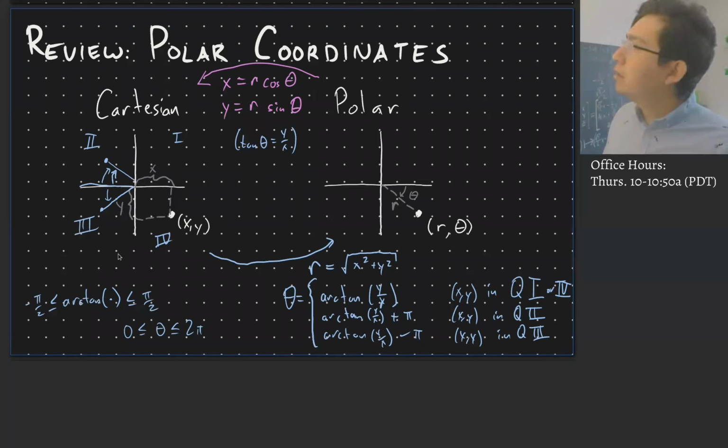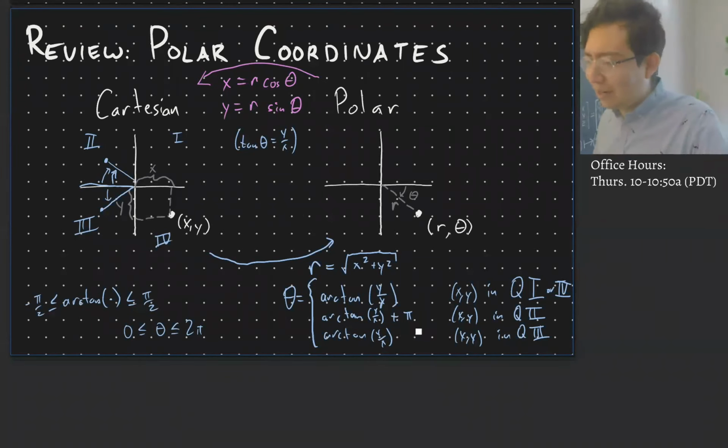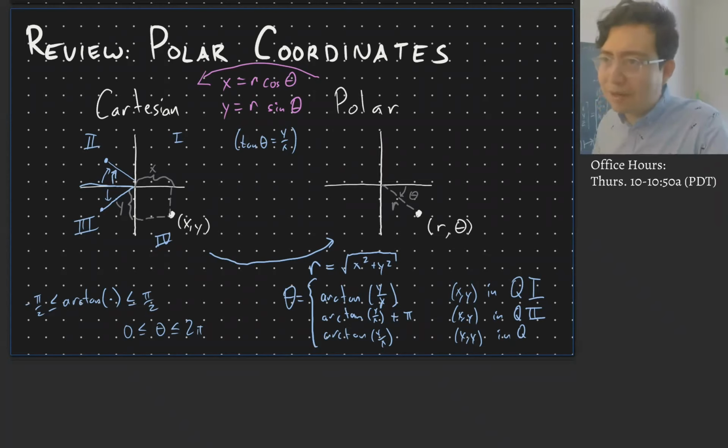Hold on, let me make sure I got that right. Yeah, you can. I think that's right. I think I'm saying what it is now. Okay, sorry, this shouldn't be happening. This is what I remember. So sorry if you already wrote this down. Let me use a different color so you can see what I changed.